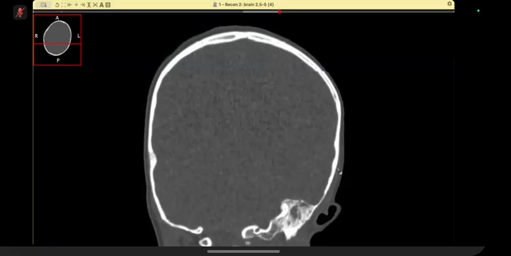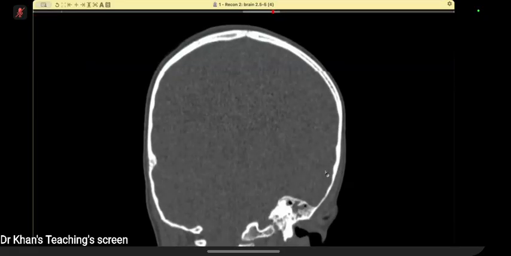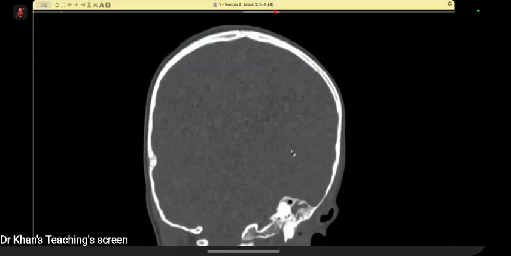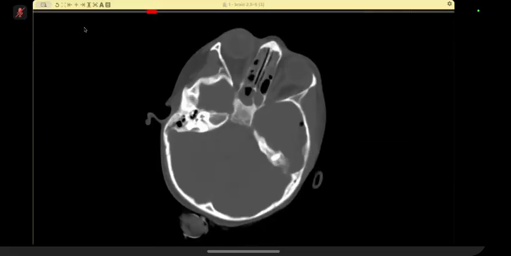There is an air locule seen here, non-dependent, and the tegmen looks interrupted, or there is erosion or destruction of the tegmen tympani plate. So the patient presentation could be consistent with otomastoiditis complicated by intracranial extension.